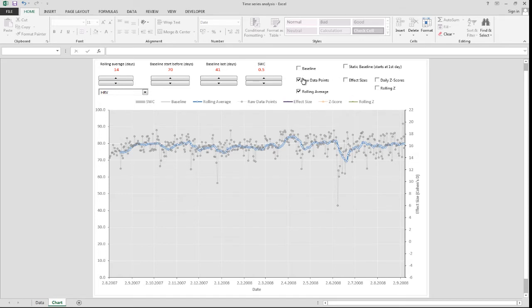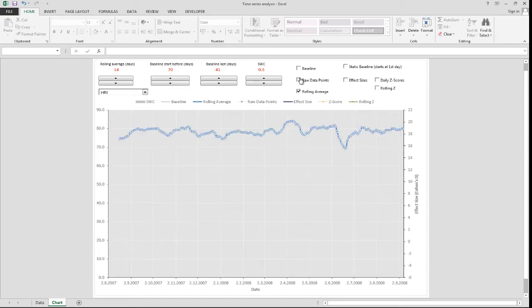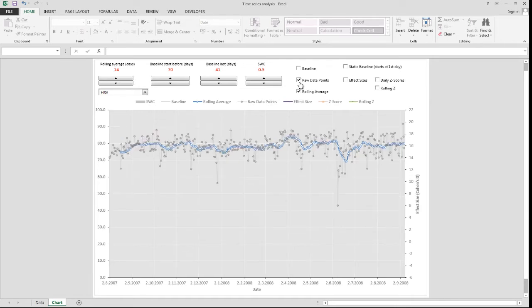So we can turn on. This is a progression over time, and these are the data points. Evaluating each data point compared to a rolling average, I'm going to call it a baseline for this particular case, but I'm going to refer to a baseline in a matter of minutes as something else.